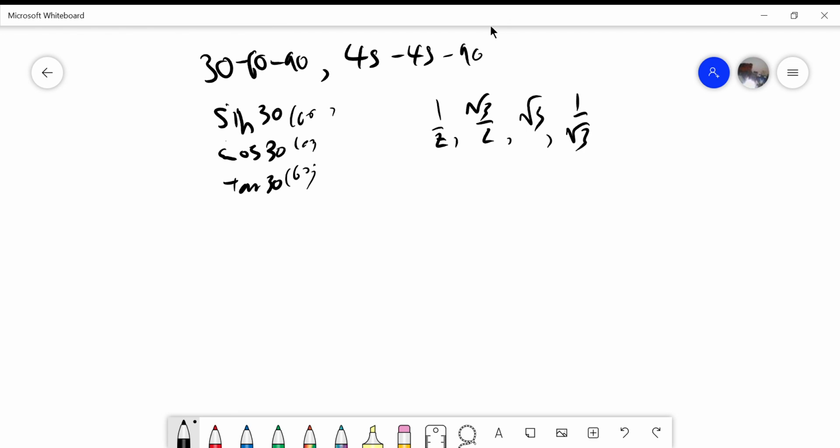And for this triangle, we learned that cosine is equal to sine, as sine of 45 and cosine of 45 are both equal to root 2 over 2. And that these are all the results we established last week.